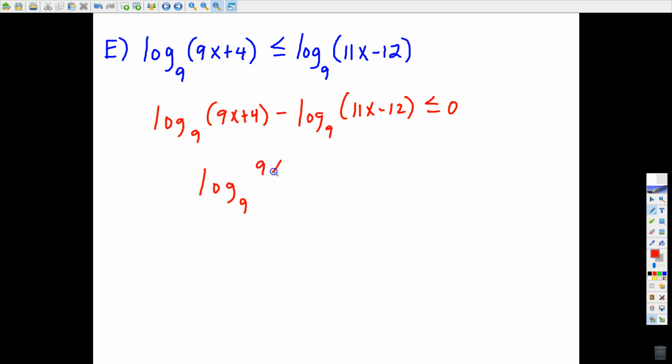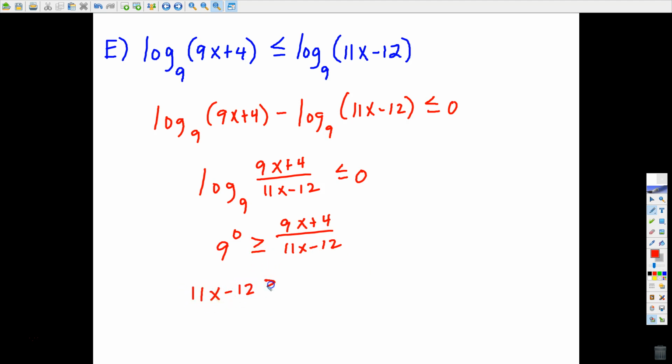Quotient property again, you should be really good with the quotient property after this. Get some good practice. All right, now exponential form, 9 to the 0 greater than or equal to 9x plus 4 over 11x minus 12.